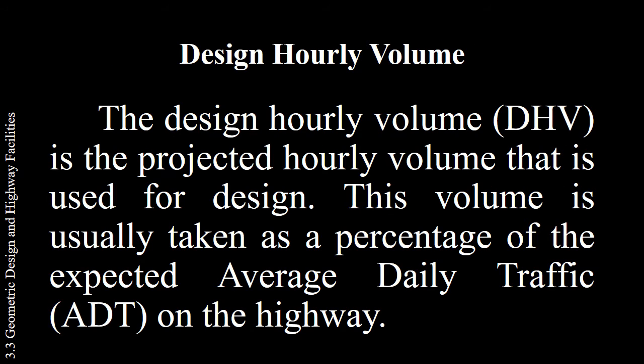First, design hourly volume. The design hourly volume, or DHV, is the projected hourly volume that is used for design. This volume is usually taken as a percentage of the expected average daily traffic, or ADT, on the highway.